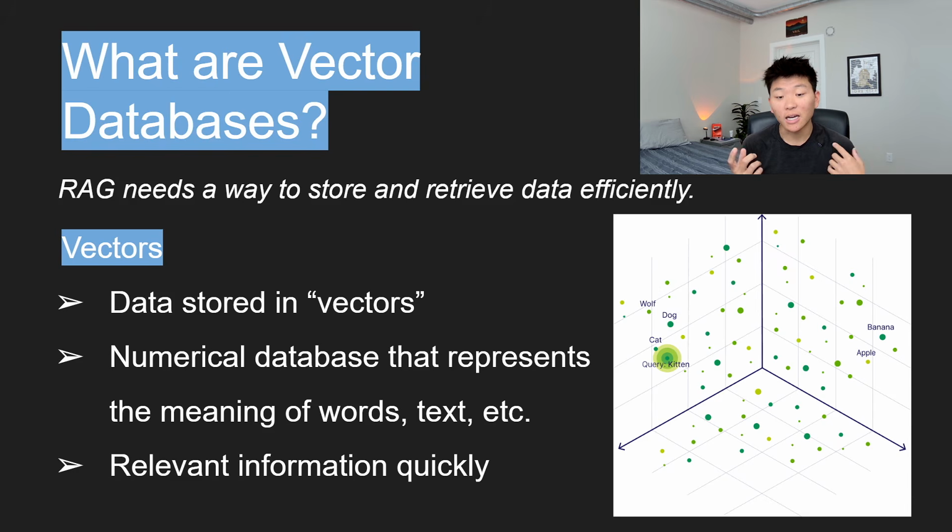So these vectors are going to help us find similar or related information much quicker than sort of like a relational structured database. This one's going to be using a lot more unstructured data. So even if the words are not the exact same, for example, you're asking about cars, the vector database might also help you find related information about vehicles or automobiles. As you can see in this picture down here, we've got wolf, dog, cat, and then the query is a kitten.